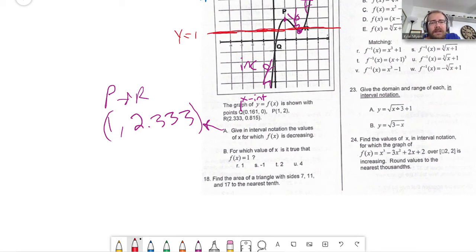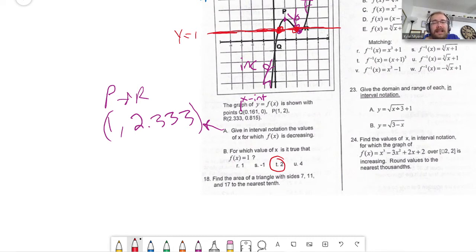And it looks like it hits at 3 places. One of them looks like roughly a half, right here. And then there's another one that looks like it's right at 2. And then there's another one that's like 2 point something, but they don't have that as an option. So it would be t.